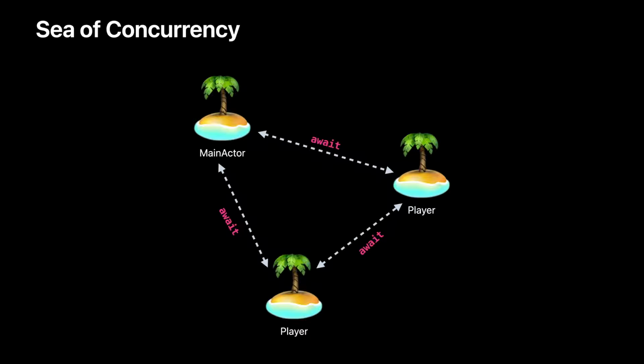Each actor is its own island in the sea of concurrency, and instead of accessing each other's islands directly, they exchange messages between them. In Swift, sending those messages across islands is implemented as asynchronous method calls and async await. This, in combination with actor state isolation, allows the compiler to guarantee that once an actor-based program compiles, it is free from low-level data races.